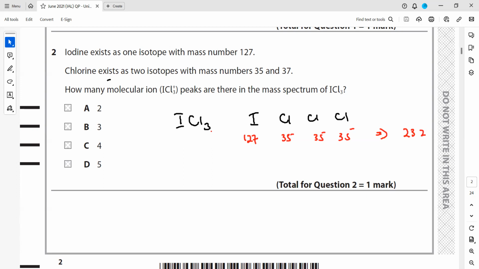Then other possibilities: this 127 will remain the same. The other possibility, this might be 35, this might be 35, this might be 37. So we'll get a peak at 234. Another possibility, that this is 35, this one is 37, this is 37.